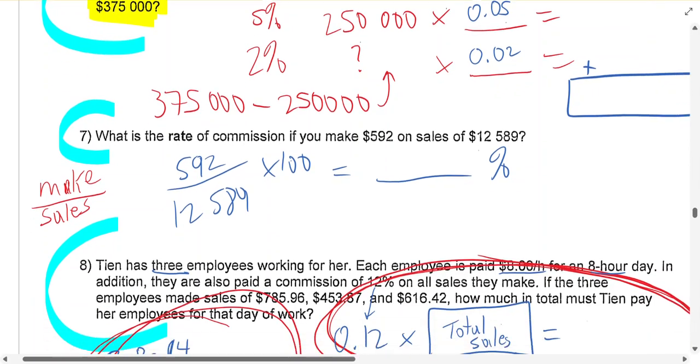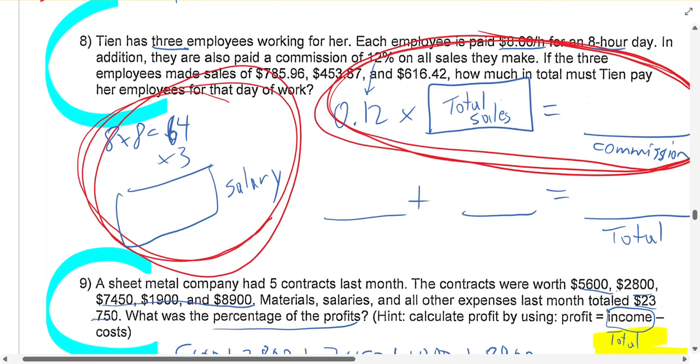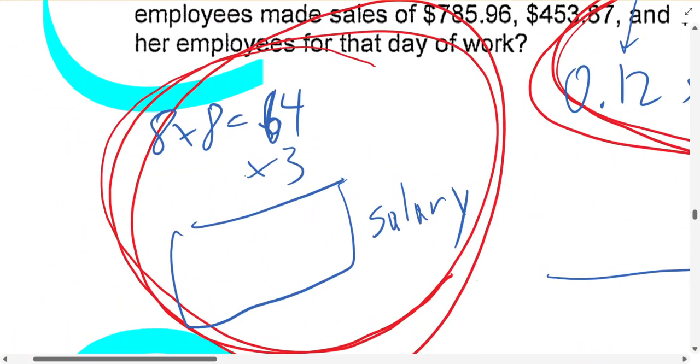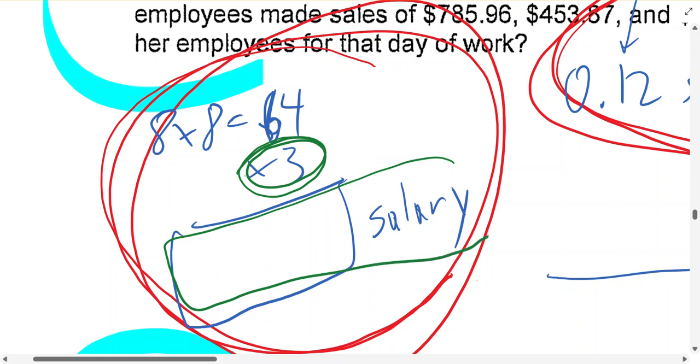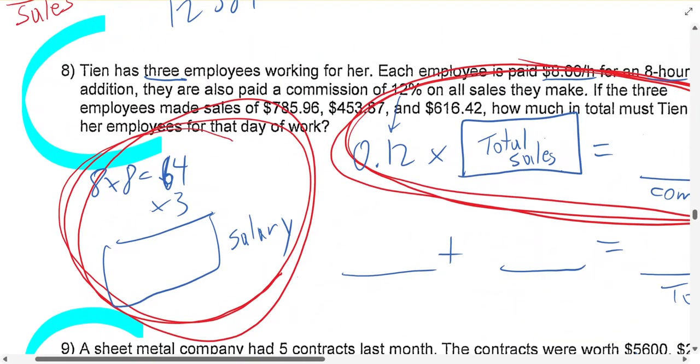Questions? Okay, number 8. You've got 3 employees. First of all, you have to figure out the salary for these 3 employees. Each one works 8 hours, makes $8 an hour, and there's 3 of them. So this will tell you the total salary for all 3 employees. Now that you have the salary, you have to figure out your commission. But you have to get a total, so add up those 3 numbers, all the sales, to find the total sales.